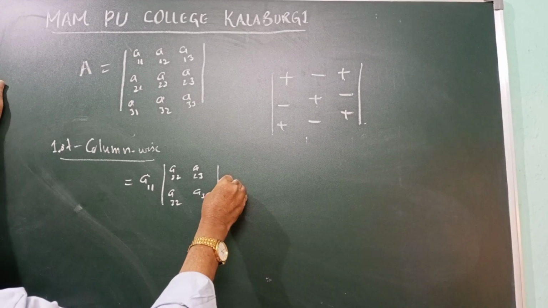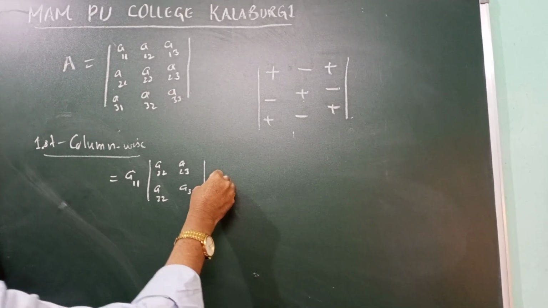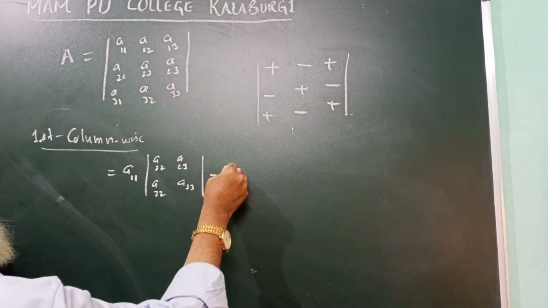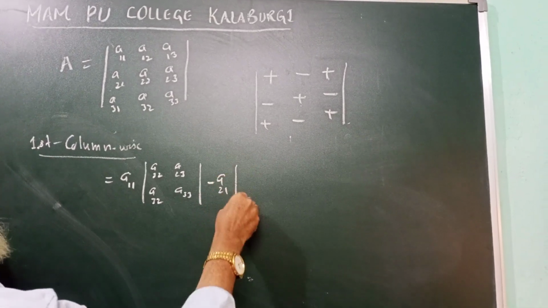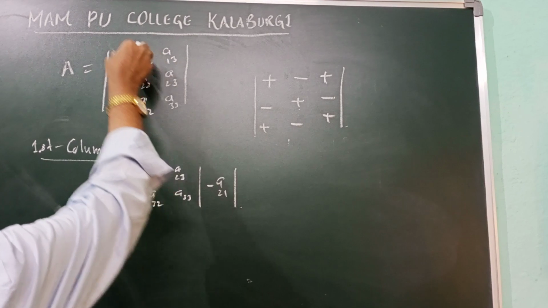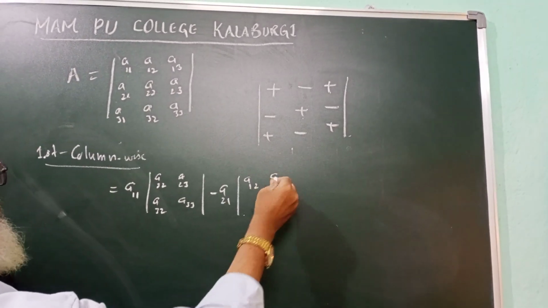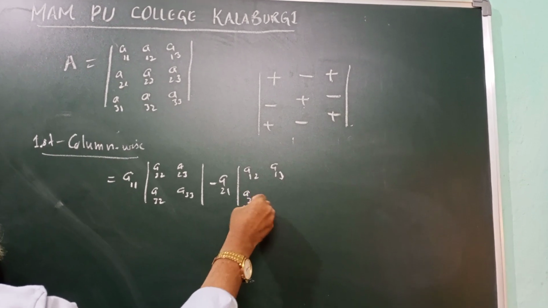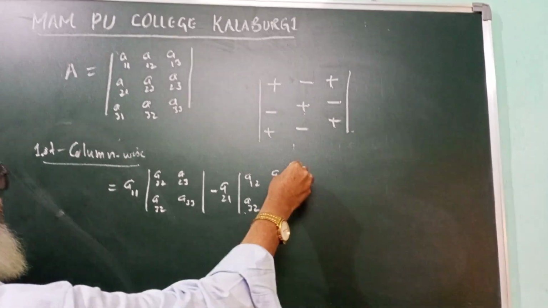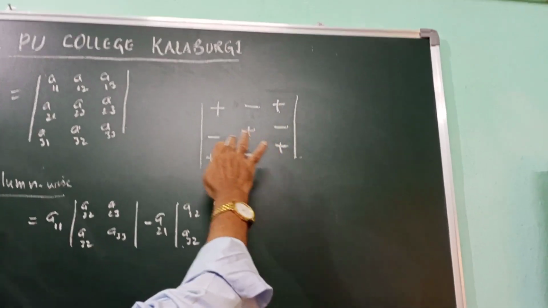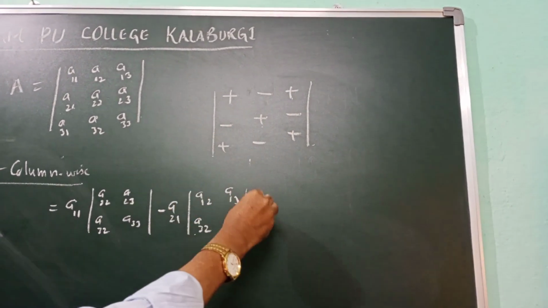Now first column wise, the next element will have a minus sign here, A21. So again delete the row, delete the column. A12, A13, A32, A33. For the third element we have a plus sign here.